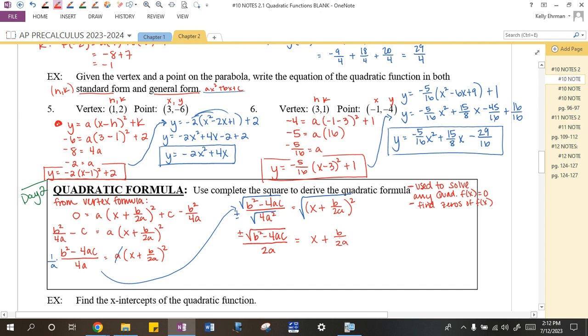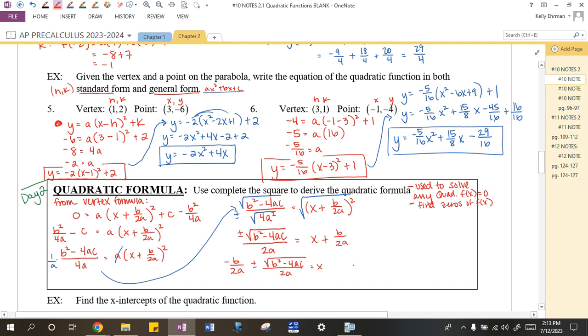Our last step is to subtract b over 2a. Well, I'll just write it like this. Negative b over 2a plus or minus square root of b squared minus 4ac all over 2a. And just to clean it up into the quadratic formula that we all know and have learned already, these are both over the same type of denominator.